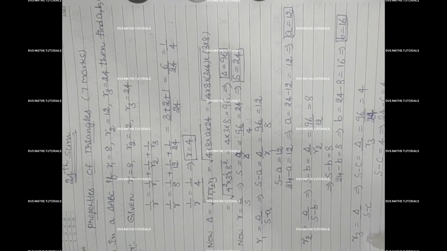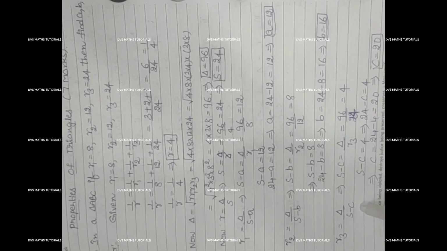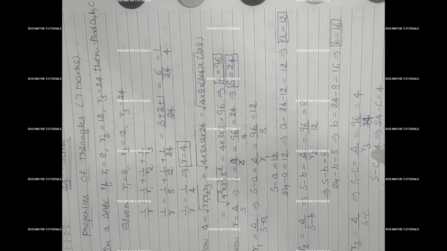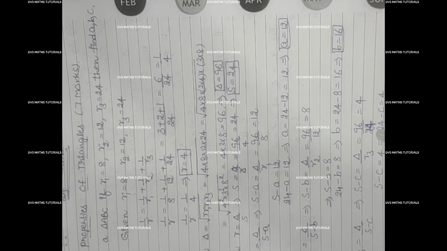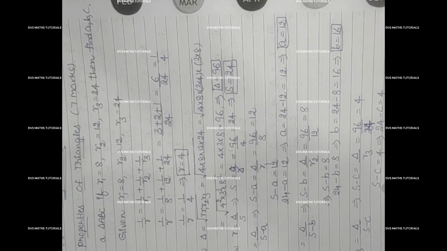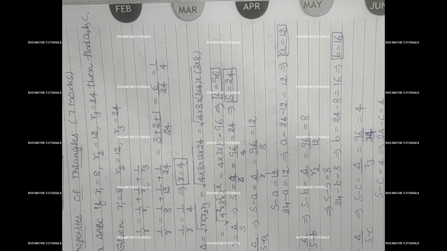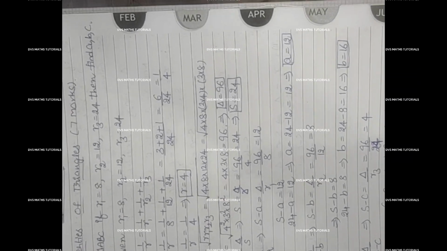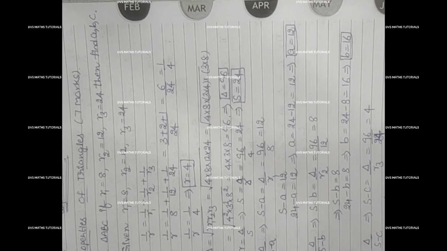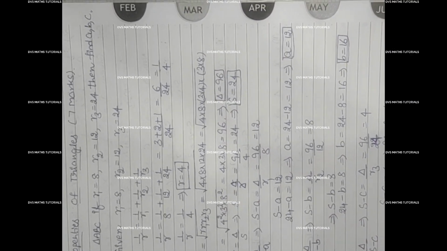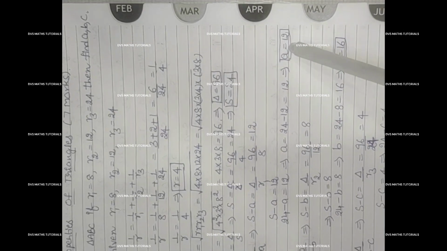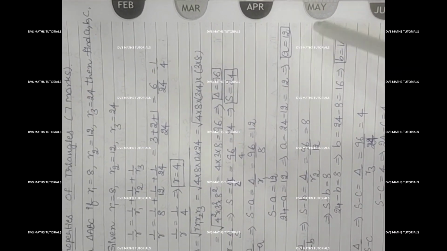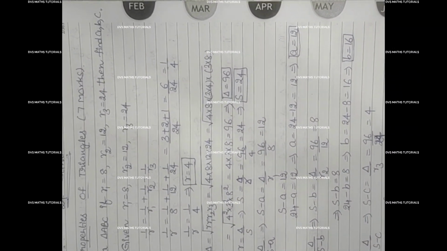Next formula is r3 equal to delta by s minus c. S minus c is equal to delta by r3, 96 by 24 which is equal to 4. S minus c is equal to 4. 24 minus c is equal to 4. What is the value of c now? 24 minus 4, that is equal to 20. So what are the values of a, b, c? a is equal to 12, b is equal to 16, c is equal to 20.